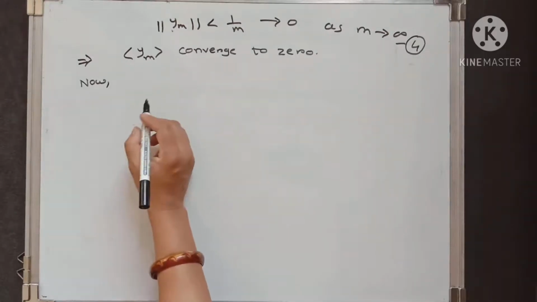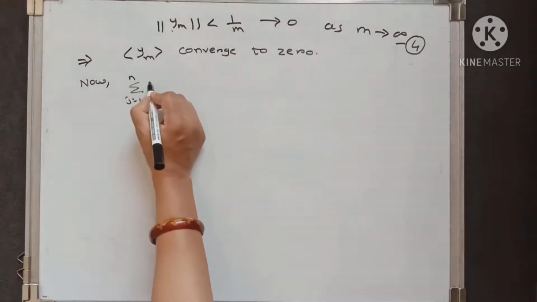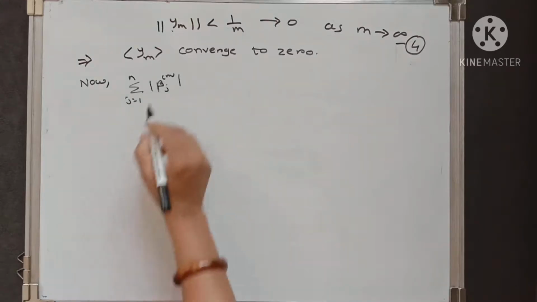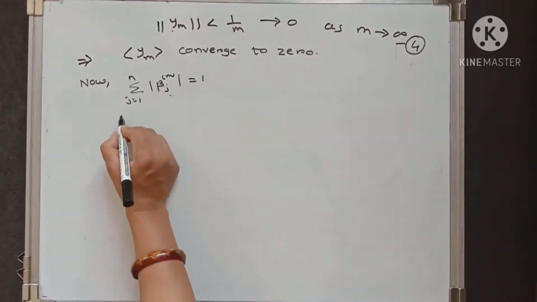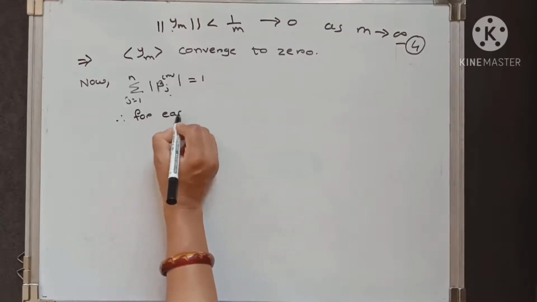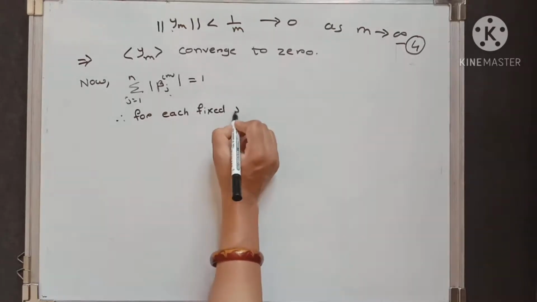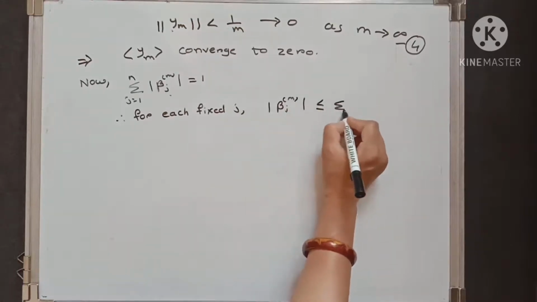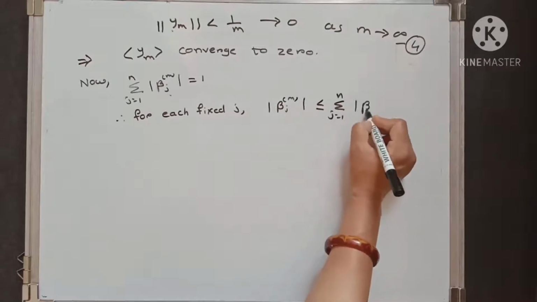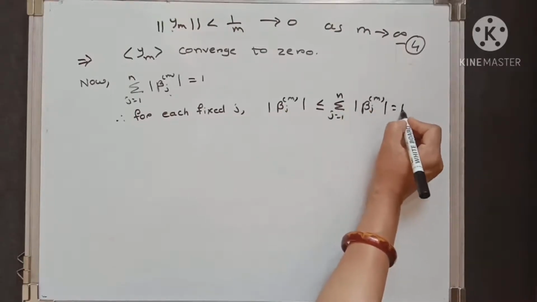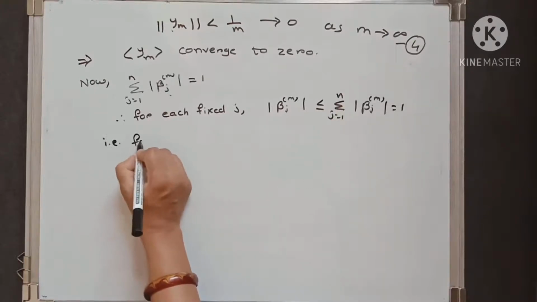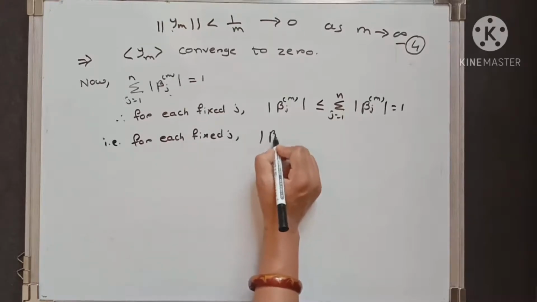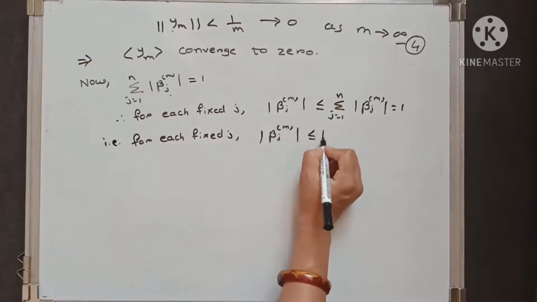Now here we get that summation j from 1 to n of mod of beta jm, for each m, equals 1, and therefore for each fixed j, mod of beta jm is always less than or equal to summation j from 1 to n of mod of beta jm, and that equals 1. That means for each fixed j, mod of beta jm is less than or equal to 1.